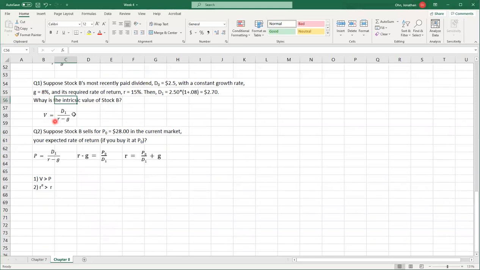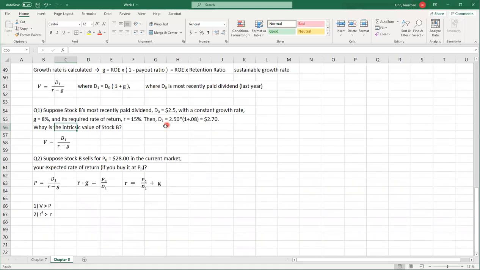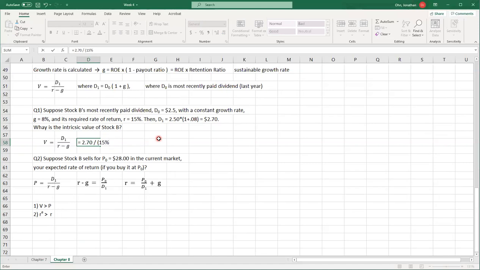Okay. So D1, how do you calculate D1? D1 is based on $2.50, your most recently paid dividend, times 1 plus the growth rate, 1 plus 8%. It's $2.70. Okay. So to calculate this, D1 is $2.70, and R is 15%. 15% minus the growth rate of 8%.